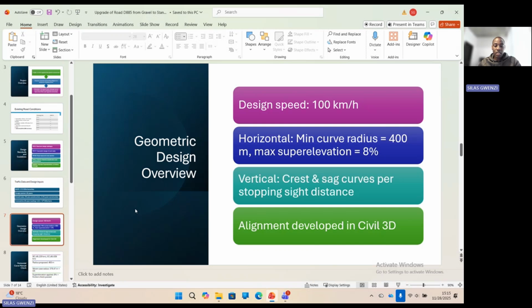Over this period, the cumulative traffic load is approximately 4.25 million E80s per lane, which classifies the road as ES10 according to the TRH4 standard.